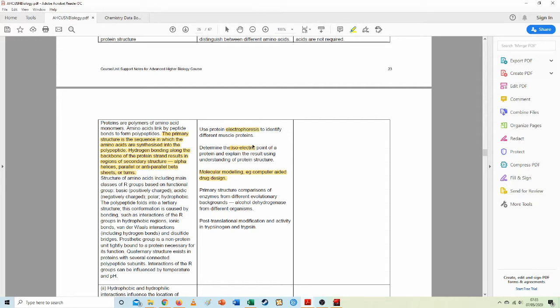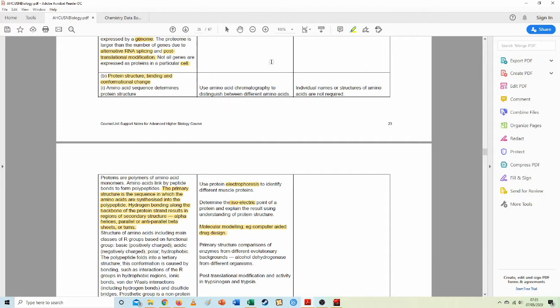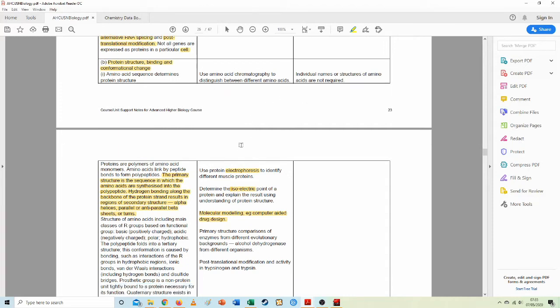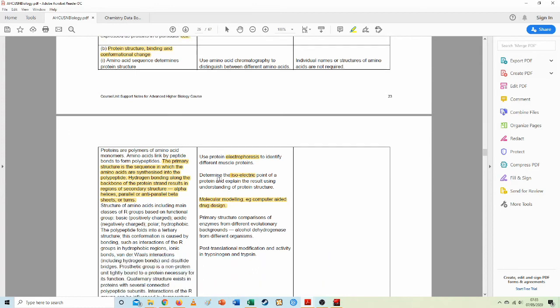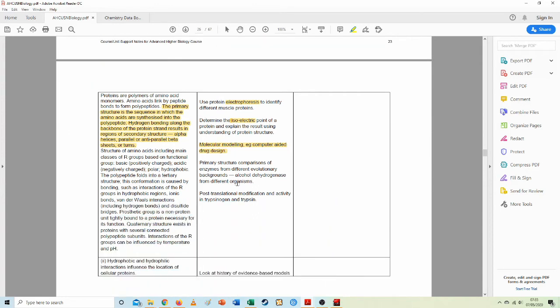You don't need to actually know these words because they're in the suggested activities, but because they're in the suggested activities, there may be problem-solving questions that are based around them, so it's a good idea to cover any new words that are there. We are going to cover chromatography in the lab skills part anyway.